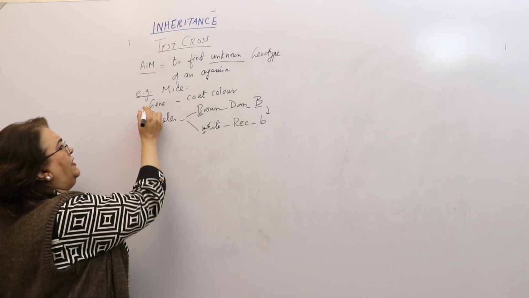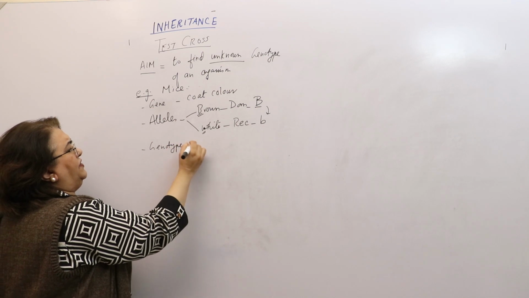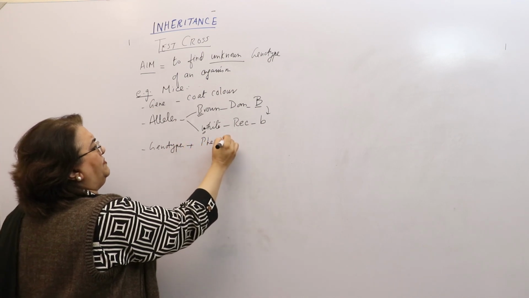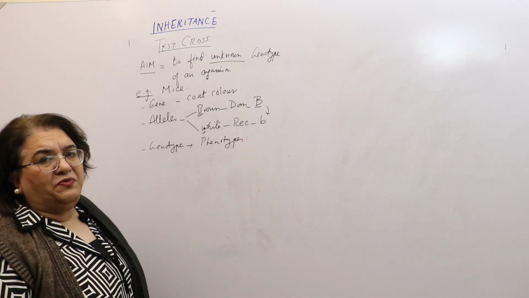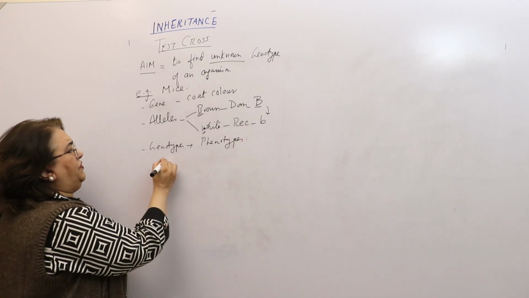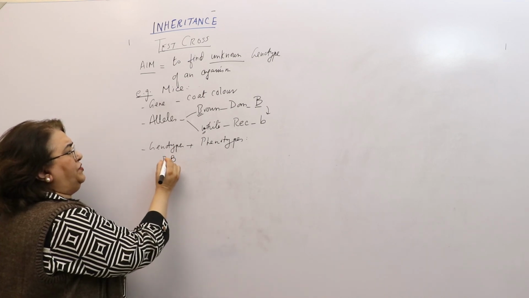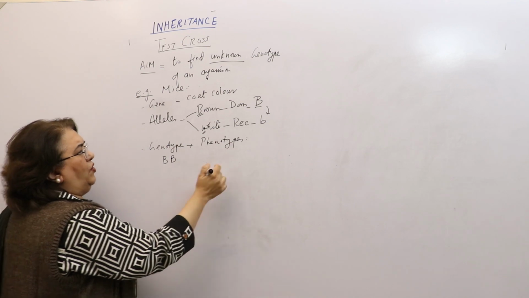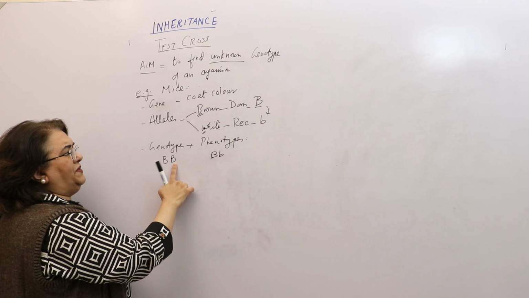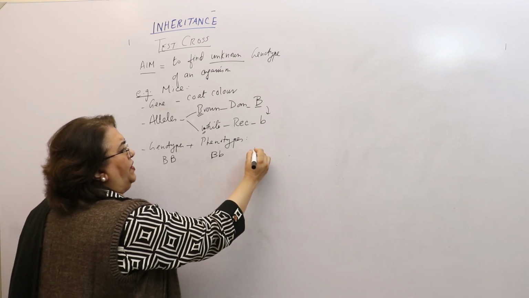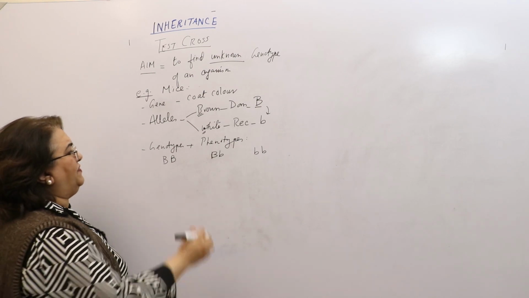Now, what will be the genotypes and the phenotypes? What are the possible combinations of alleles in these mice? That's what you mean by the genotype. There are three possible genotypes: either both are capital B, or one is a capital B and the other a small b, that means dominant recessive, or both are recessive.